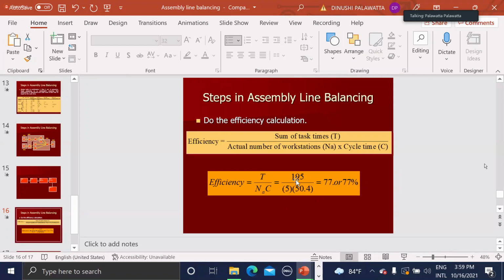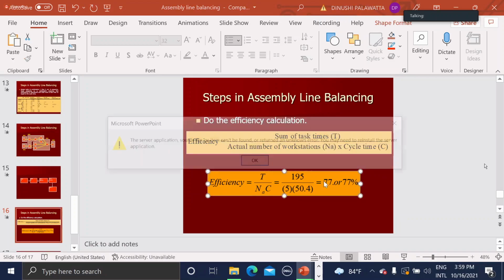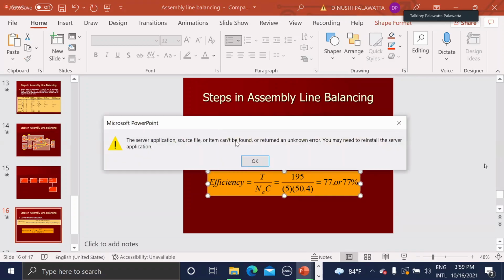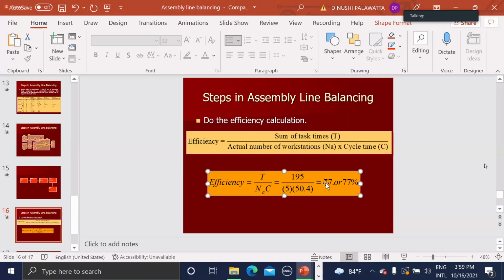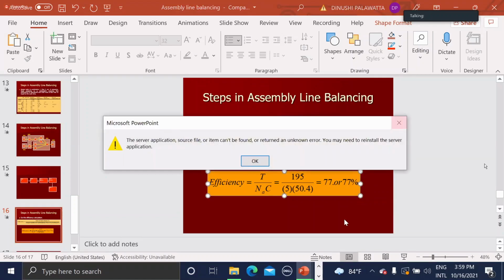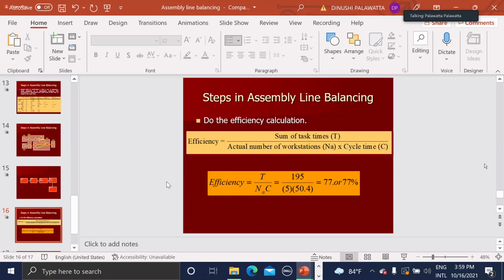So 195 divided by 5 times 50.4, you get 77% efficiency. Okay, so 77% efficiency.